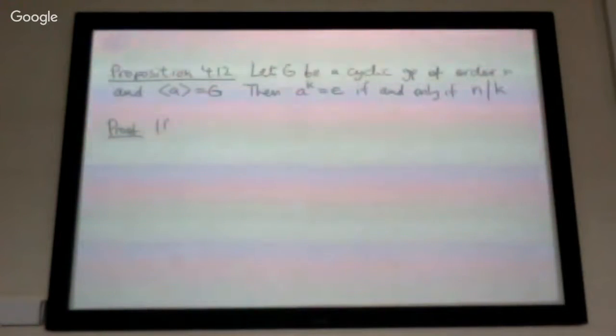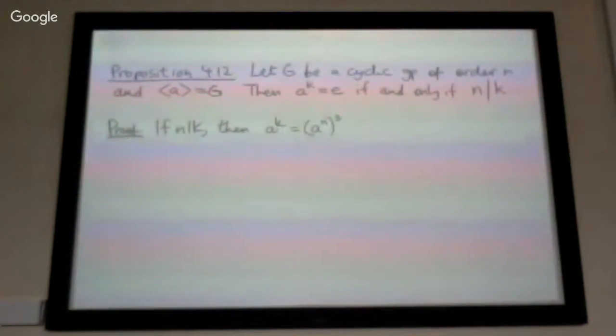So if n divides k, then a to the k is a to the n to the s, because k is a multiple of n, let's say s times n, which is e to the s, which is e. That's one direction of the proof.